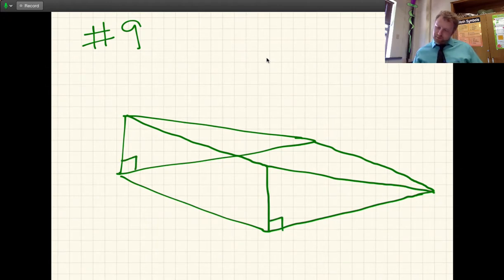And they tell me this is 2. Just try drawing it. Good. Not bad. It's not bad at all.